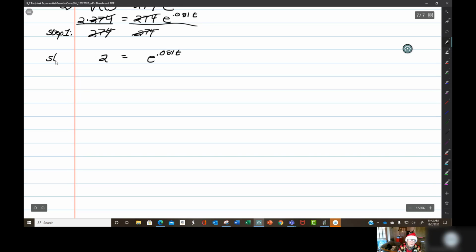So step 2 is where you take the ln of both sides of the equation, like that.